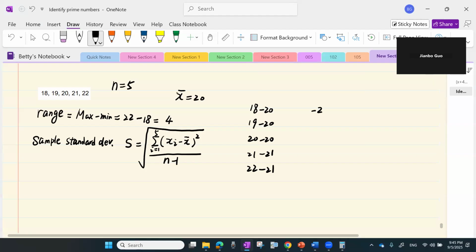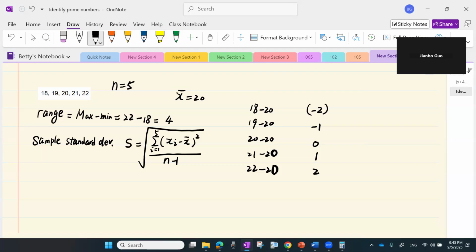So the deviation of the first value is -2. And 19 minus 20 is -1. 20 minus 20 is 0. 21 minus 20 is 1. 22 minus 20 is 2. So those are the 5 deviations.